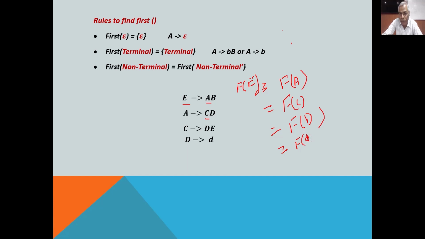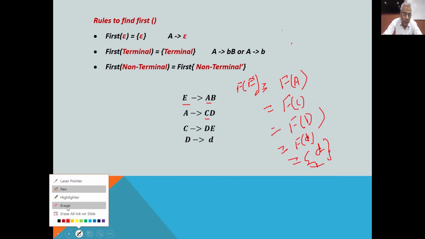So we get the first terminal. Hence, first of E will be small d. So these three rules will be used to find the first of any non-terminal.